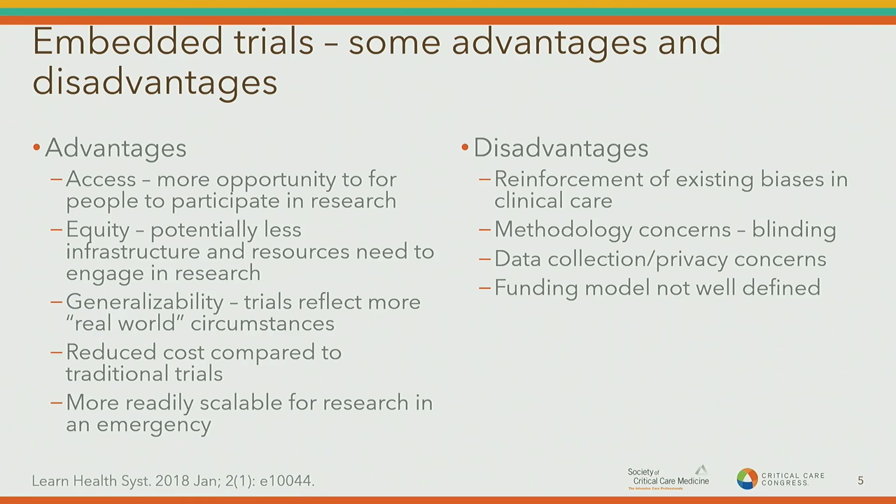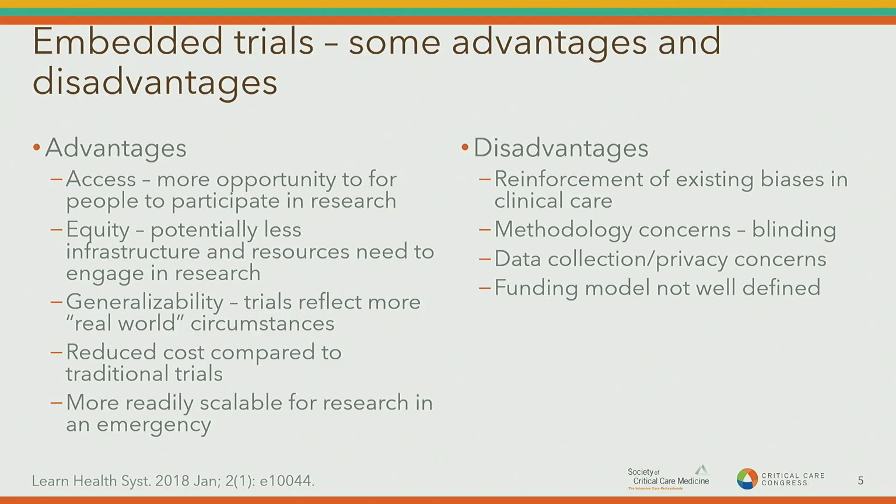Sort of echoing some of the earlier comments as well, embedded trials are hopefully more generalizable, right? They really do reflect more real-world circumstances rather than the idealized world of a highly controlled traditional RCT model. And I think Jono mentioned this in his early comments, both the reduced cost as well as hopefully a tighter turnaround time to trial results when you embed a trial into clinical practice.